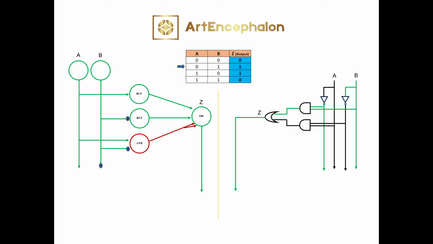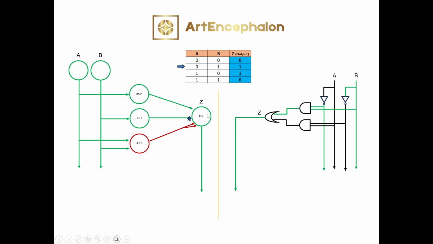But the AND gate, for it to generate an action potential, it needs both A and B to give it input before it can generate output. So because it's only B that is giving it input, the AND gate will not generate any output. Only the buffer will generate an output. So that is why you see that the AND gate does not generate any output, but the buffer will generate an action potential here, and we can follow that action potential as it goes, and it hits the Z neuron.